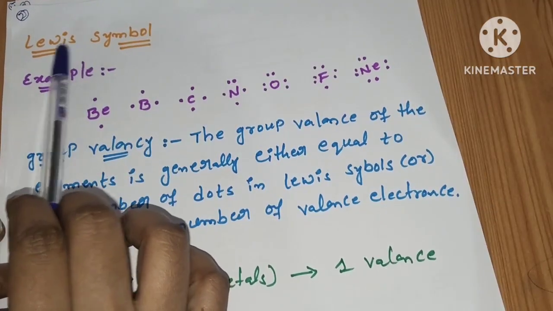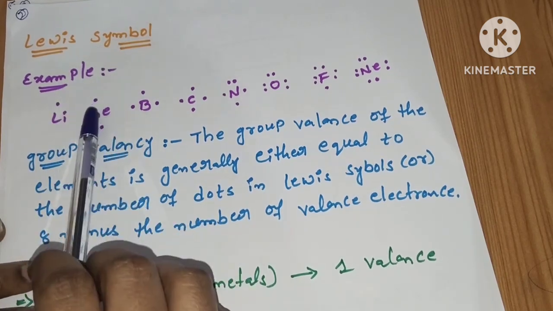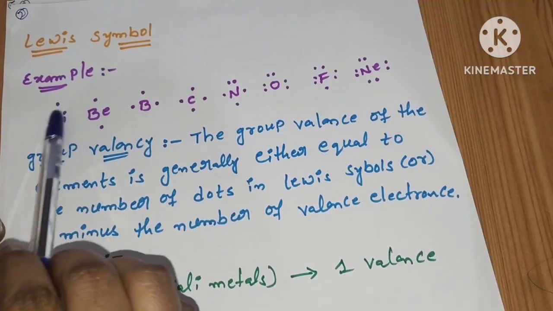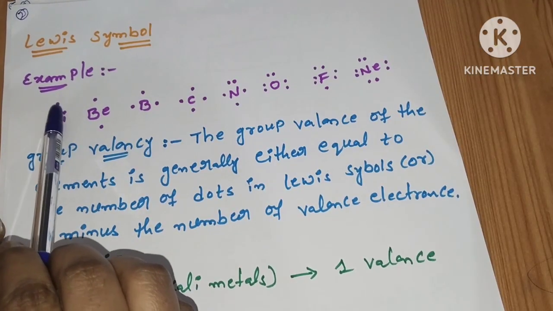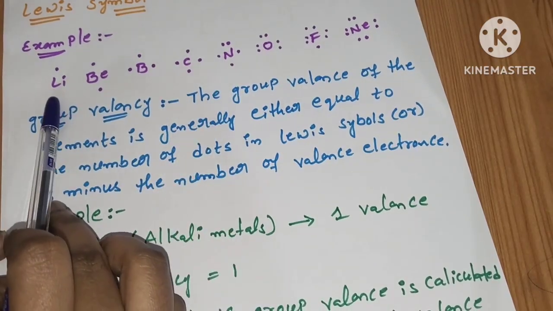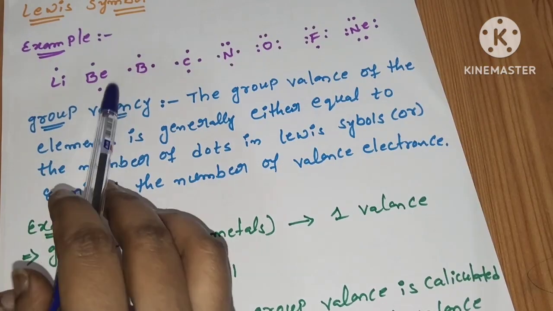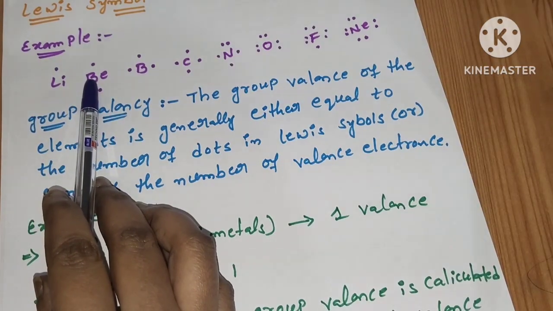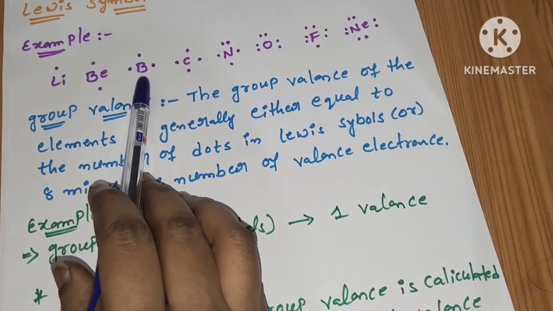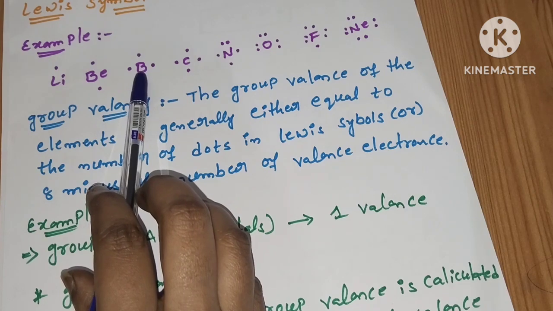Now, Lewis has given some symbols known as Lewis symbols. These symbols represent an atom's chemical symbol surrounded by dots for its valence electrons. For example, in the case of lithium, only 1 electron is present. Then in beryllium, 2 electrons are present, and boron has 3 electrons in the outermost shell.